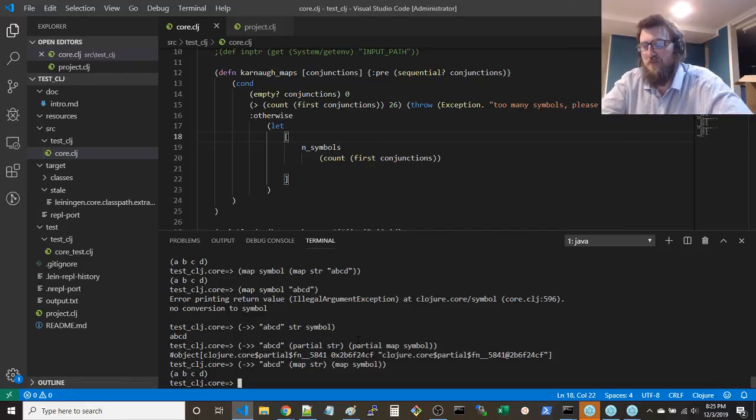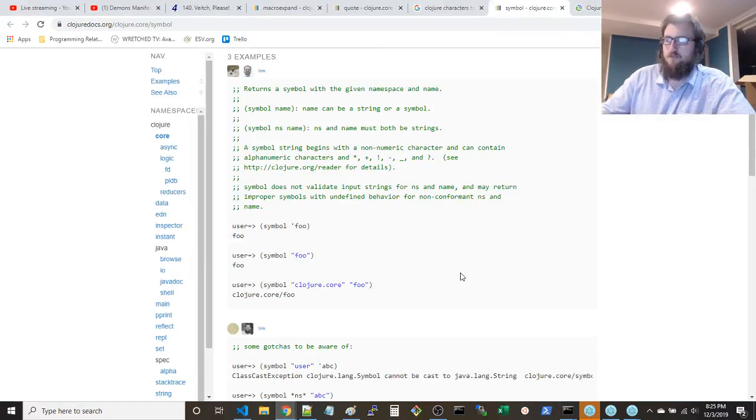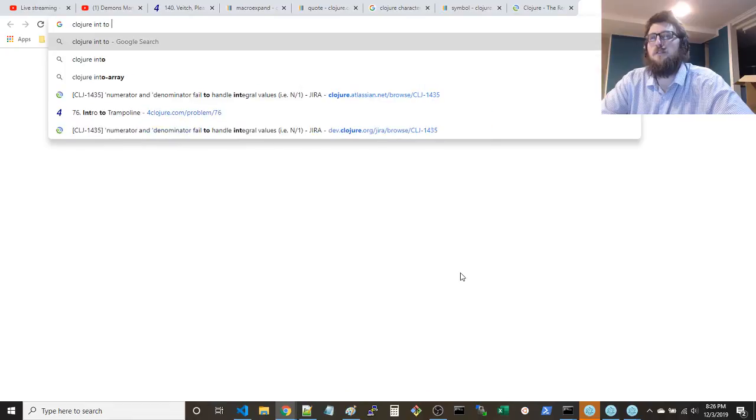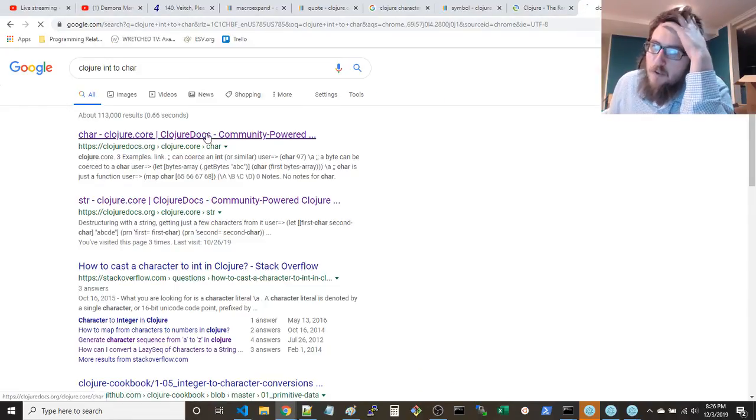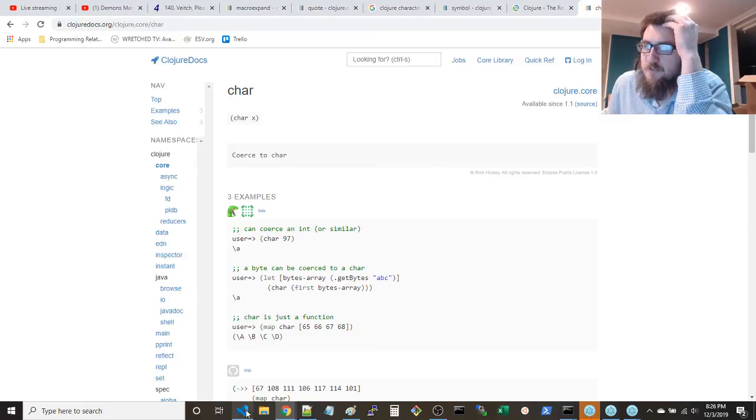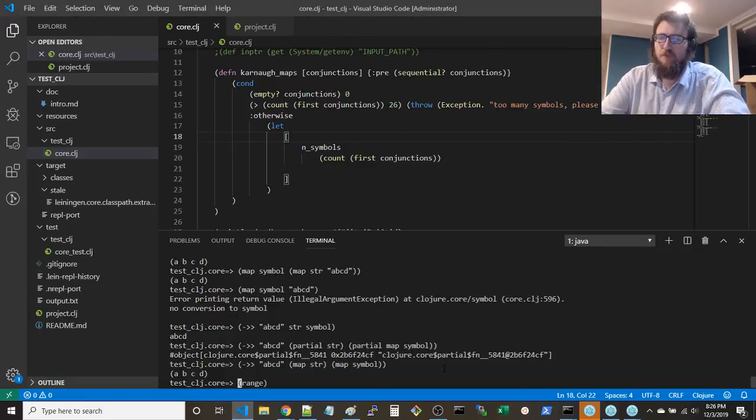So we can do range, character, or even integer to character, Clojure. Where's the character? So you can do character of X. So you can say character of range, let's say take 10 from range, map character.